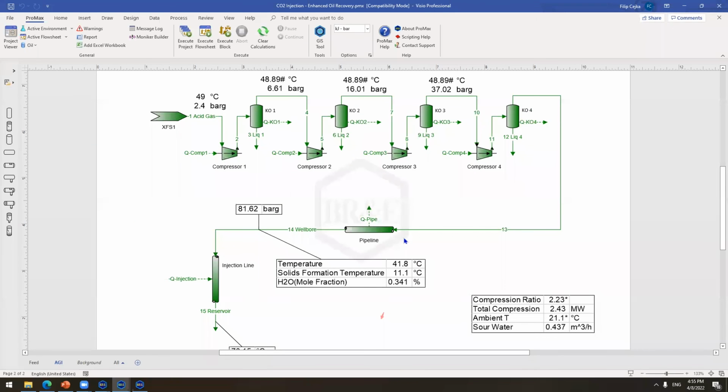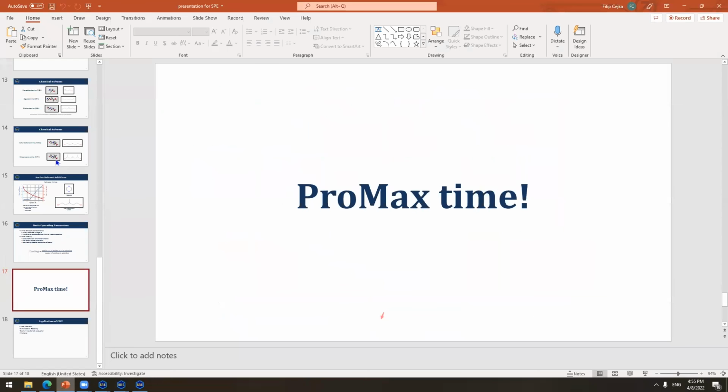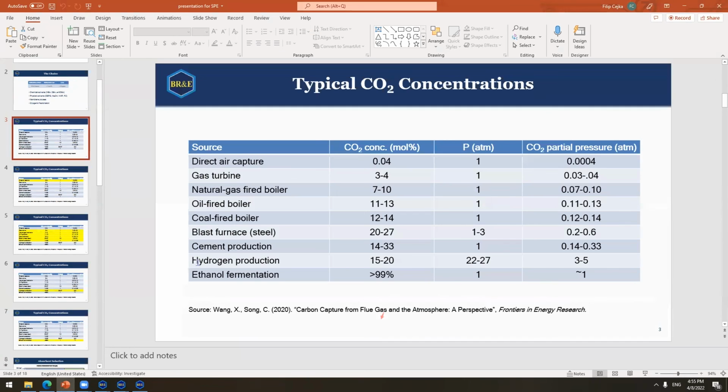If you're working with hydrogen production, CO2 capture is necessary because you need to clean the hydrogen from the CO2, in order to get yourself to the hydrogen.